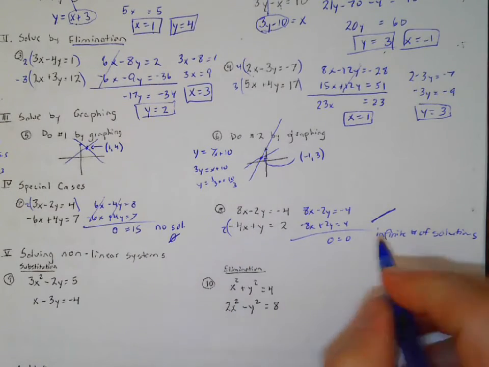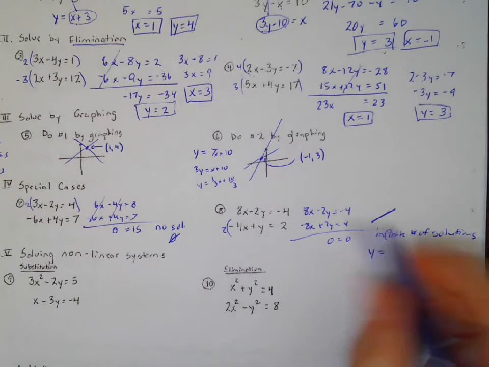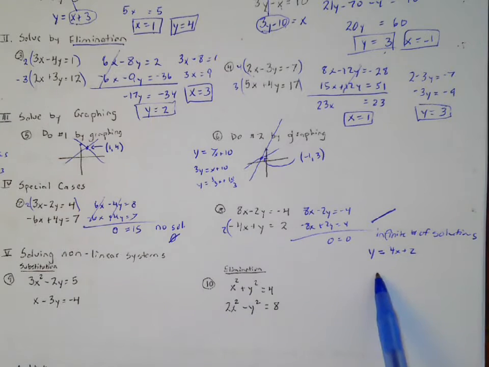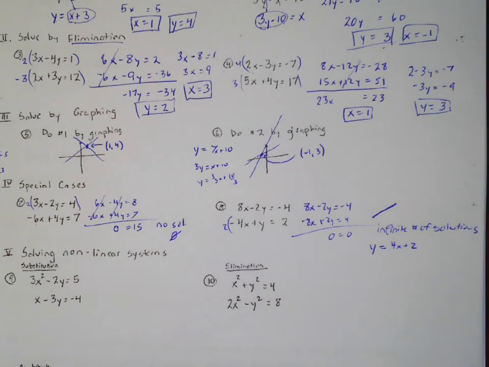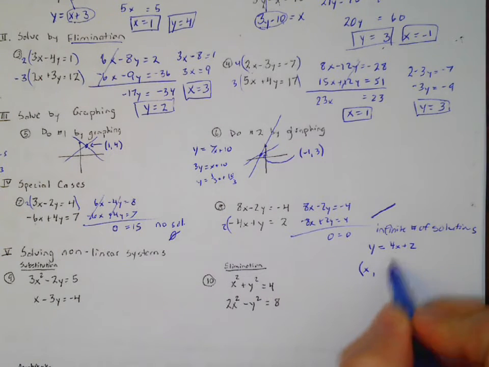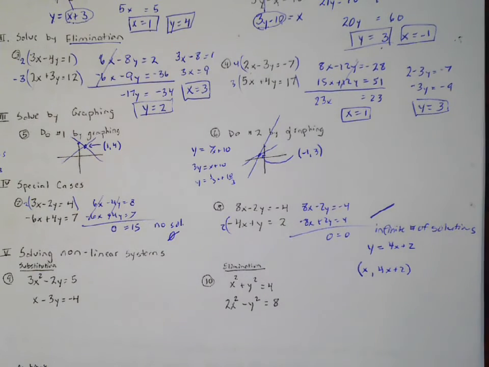So if I just solve for y, y is going to equal 4x plus 2. So anything on this line would be a solution. One way we could write this solution would be: we have a certain x, and the y would equal 4x plus 2. That's how you could write that solution out.